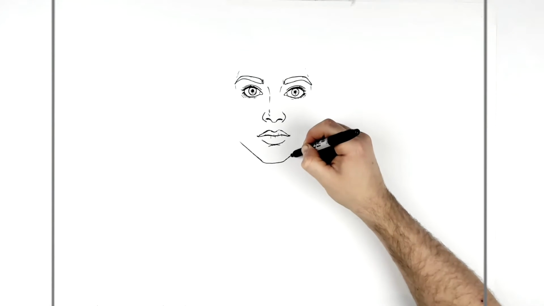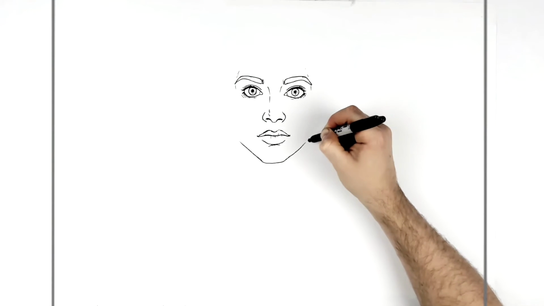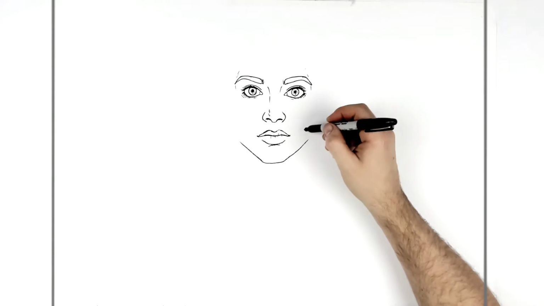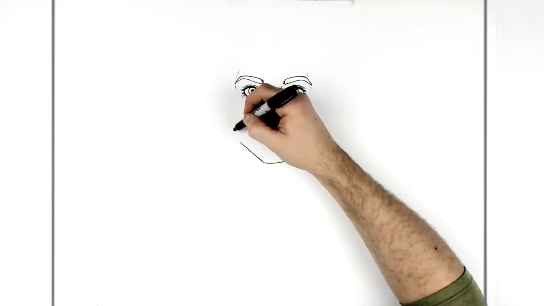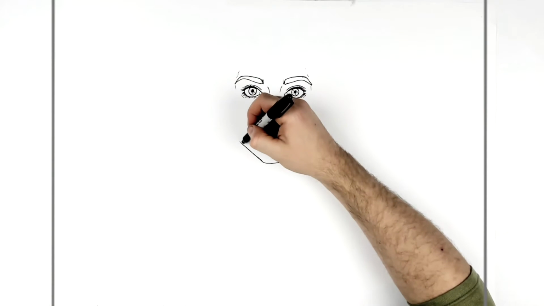So we'll just go here somewhere, and the hair comes down over it. This side will then curve up around the side of her face.